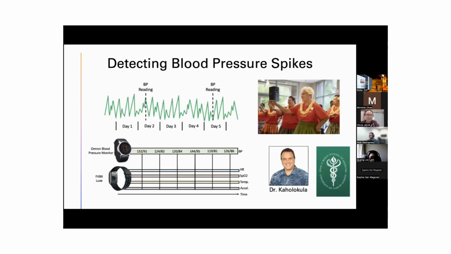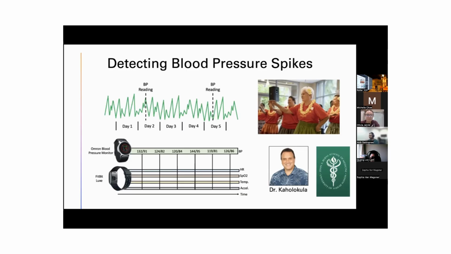So one application I'm really interested in is detecting blood pressure spikes. This fits well with personalized machine learning, specifically detecting stress-related blood pressure spikes from only Fitbit data. I've been talking to Dr. Kiabe at JABSOM. Has anyone seen the HULA study from JABSOM?